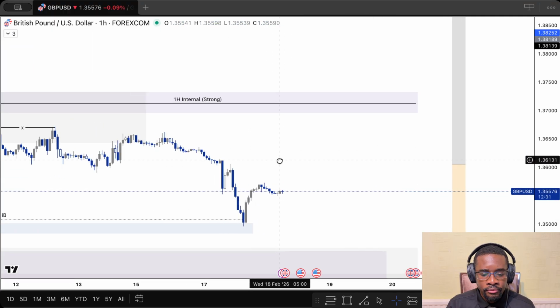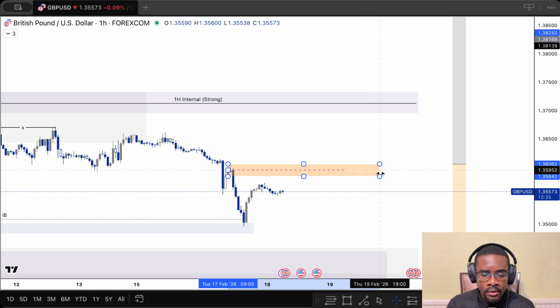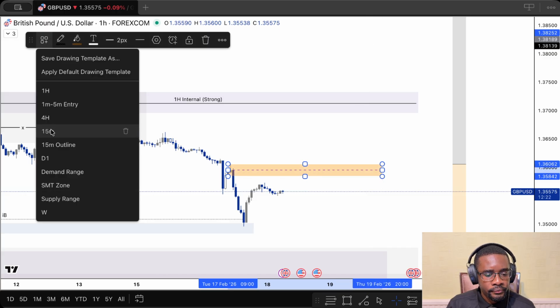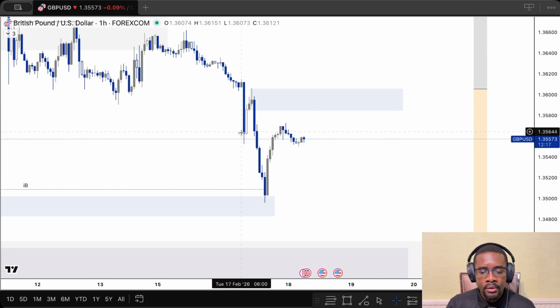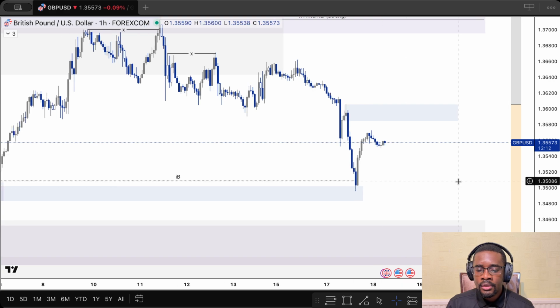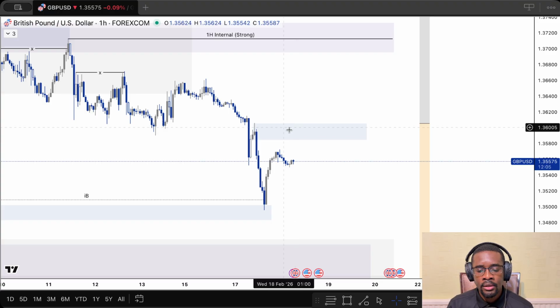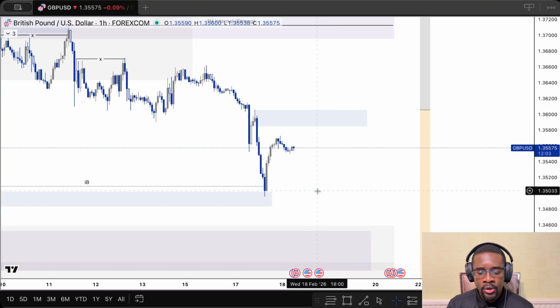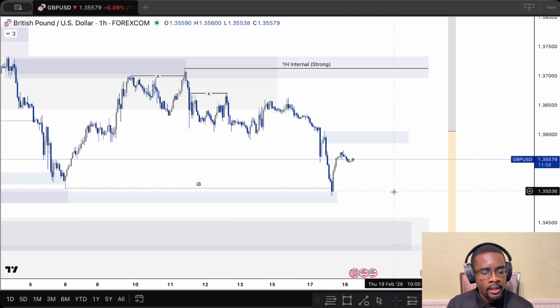So we do have an area of supply right there, okay, which caused this break of structure with the strong departure and everything else. Okay, so that could be an interesting area to look for shorts if price comes in to that area. Okay, and then just looking for quick 2-hour trades, in and out, in and out.